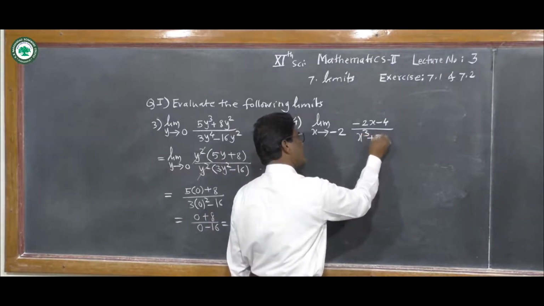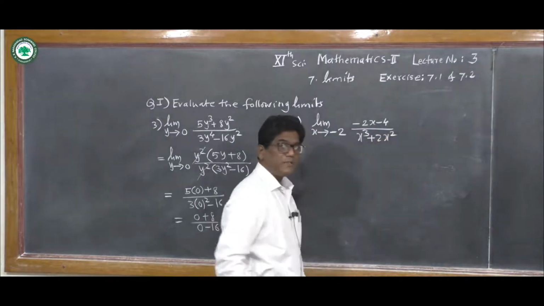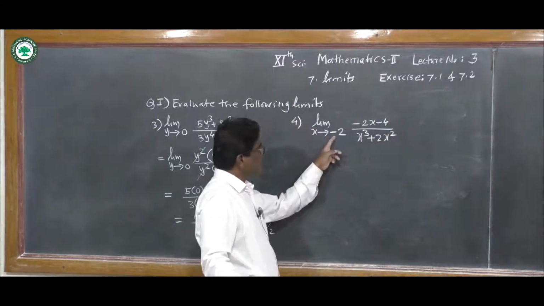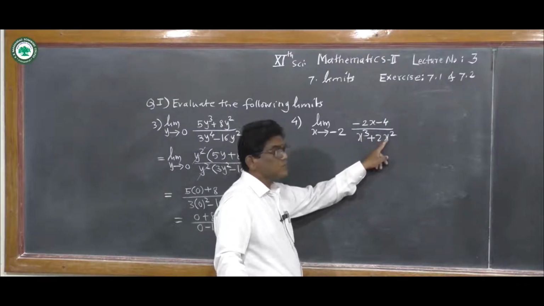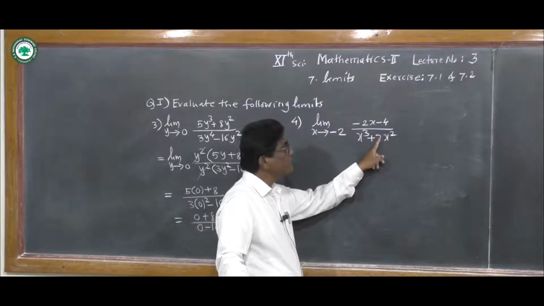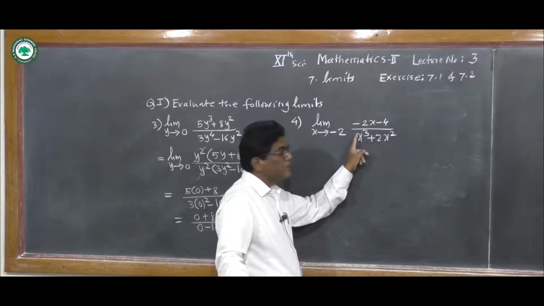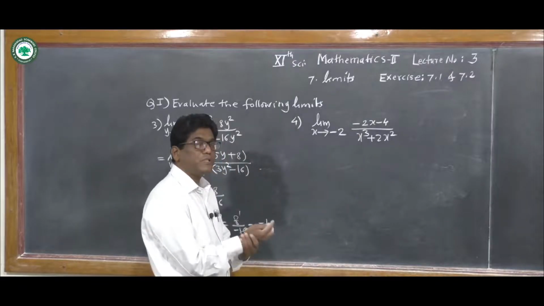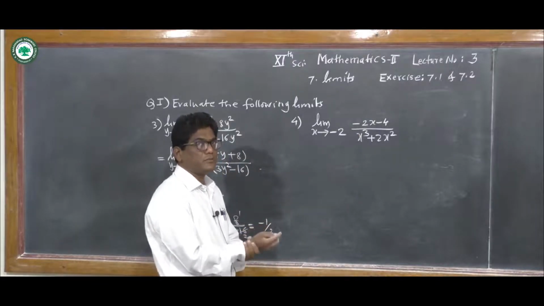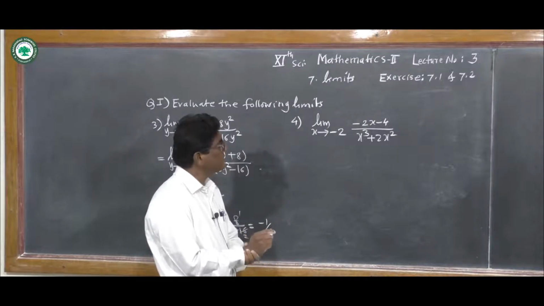Check whether the denominator is 0. Put x as minus 2: minus 2 cube is minus 8, and 2 times minus 2 square, that is 4 into 2, is 8. Minus 8 plus 8 is 0. So the denominator is 0, and we cannot put x as minus 2 directly. We have to solve this problem by another method.